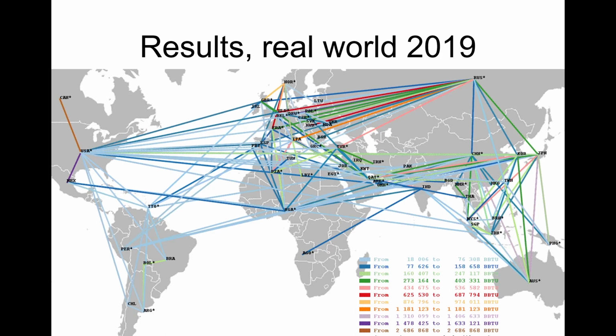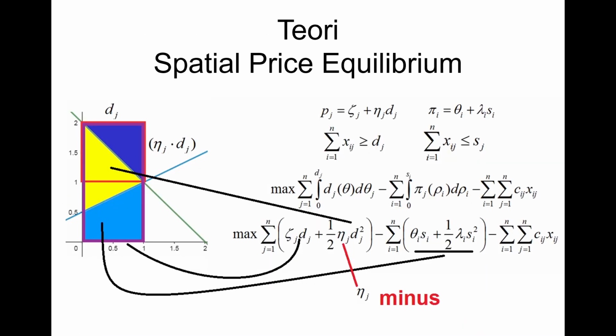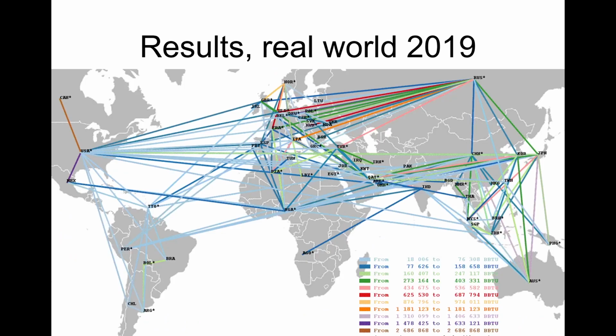Looking at the situation in 2019, we can see that the large exporters are Russia, Norway, Nigeria, Qatar, United States, for example, Trinidad and Tobago. And there is a lot of trade going on in the world. Japan is a big importer, as is Europe.